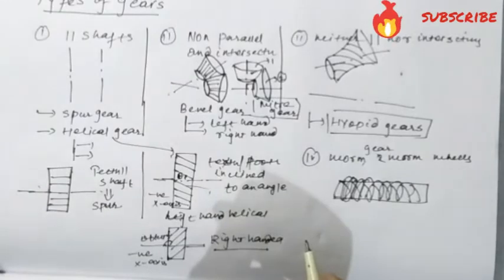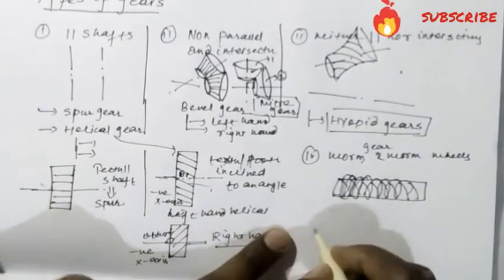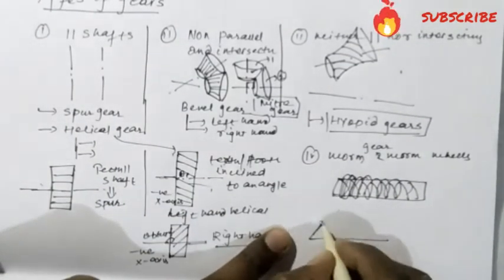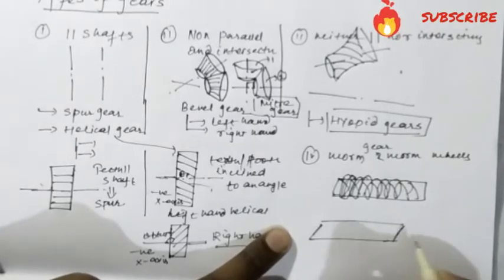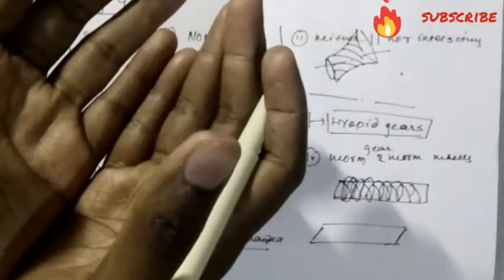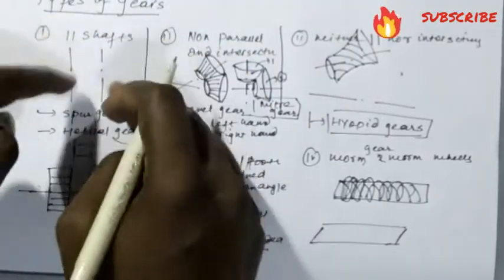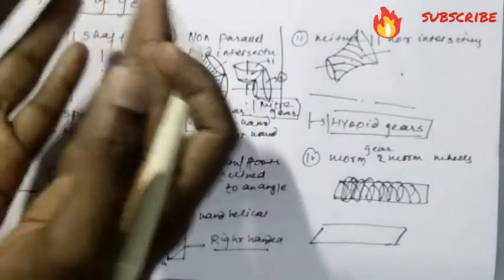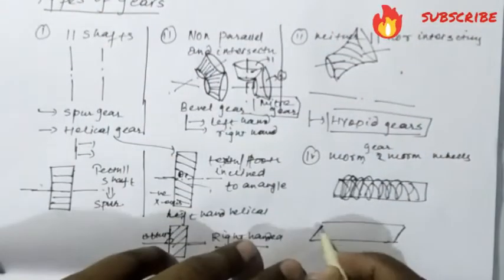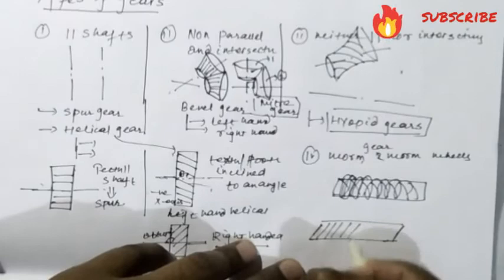Got it? And there is one last I would like to tell you, there is a rack and pinion gear system. Like earth is a very large radius, so wherever you see, you see like a flat surface. In the same way, if the gear is of very large radius, so you will see something like flat somewhere. The same way, this is the flat.